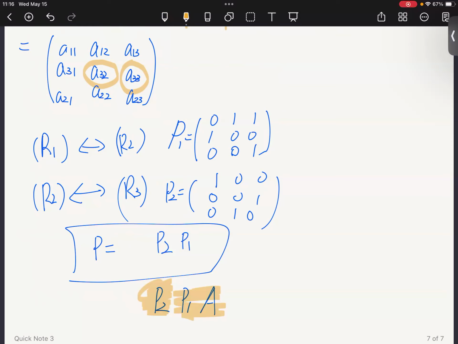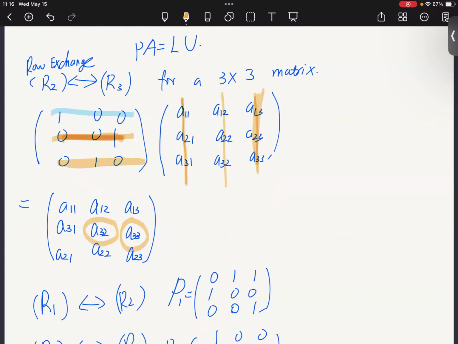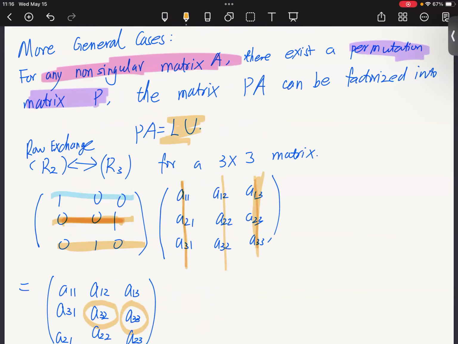And after you do the permutations beforehand, you don't need to do the row exchange anymore during the Gaussian elimination, so that you can apply the LU factorization to the resulting matrix. Does that make sense?